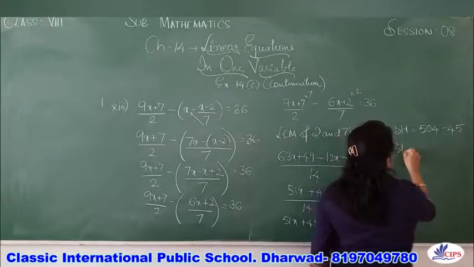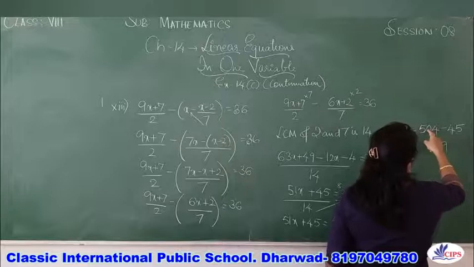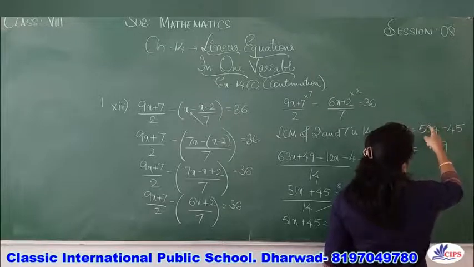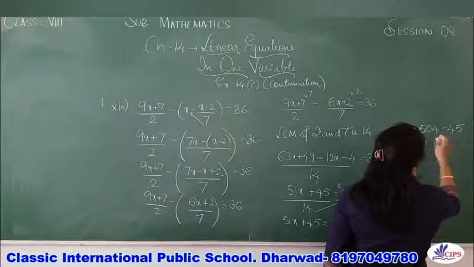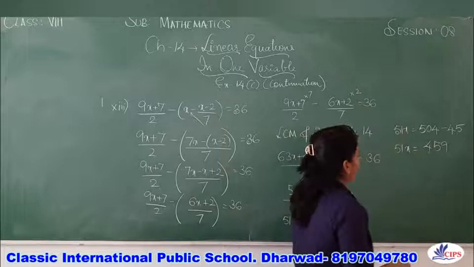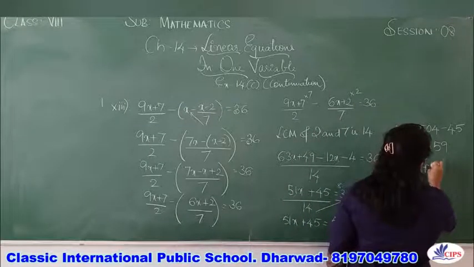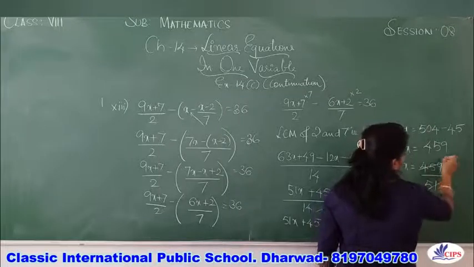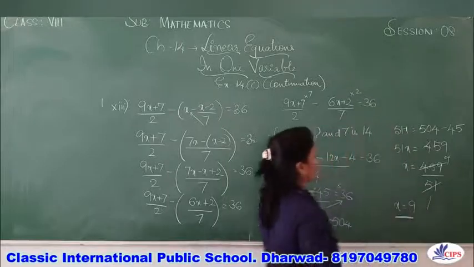So 51x equals to 14 minus 5 is 9 and here as we have borrowed 1, 9 will be left. 9 minus 4 is 5 and we have borrowed so it will be 4. So it becomes 459. So x is equal to 459 divided by 51. So 51 ones are 51, 51 nines are 459. Therefore x value is 9.